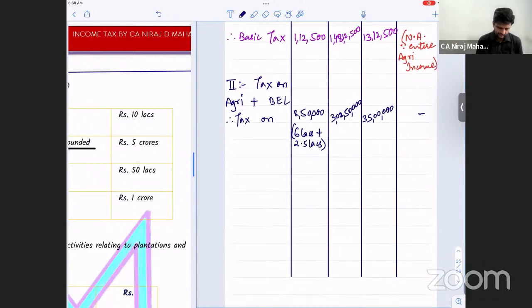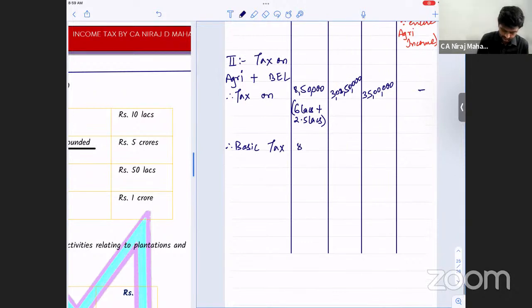Chalo. Therefore, basic tax over here now. On 8,50,000, on 3,50,000, 20% plus 12,500. 3,50,000 into 20% is 70,000, 70,000 plus 12,500, 82,500. Three crore 2,50,000, my goodness.